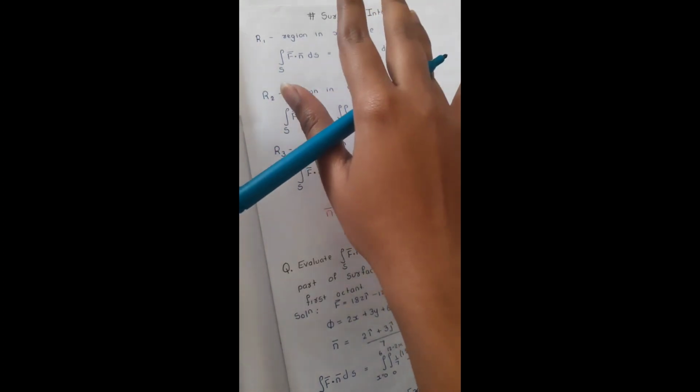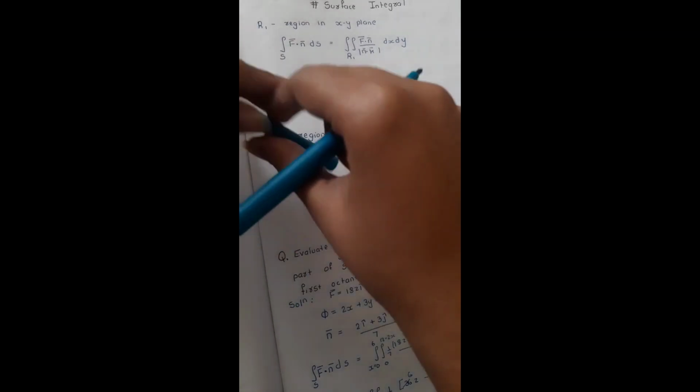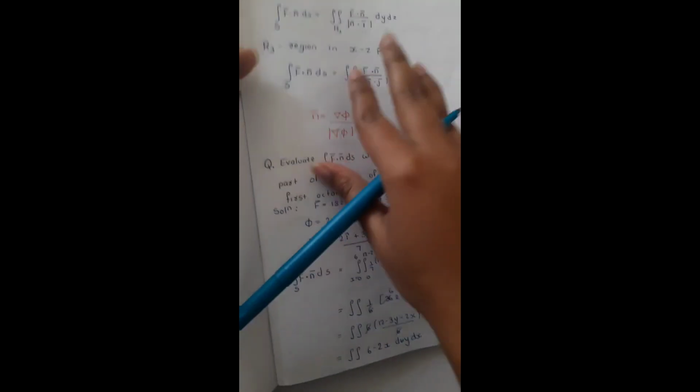For calculating the surface integral we use these three formulas, where n bar is del phi upon modulus of del phi. Okay, so we'll take an example and then understand how it is done.